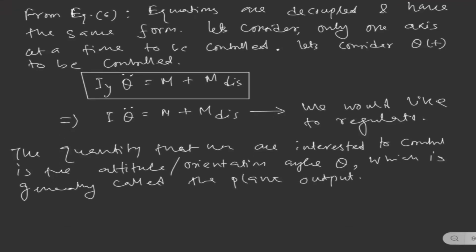In that case, we can write the plant output y of t as theta of t, just for easy access to the system. So instead of writing theta of t, we write y of t. Y of t is the variable to be controlled.